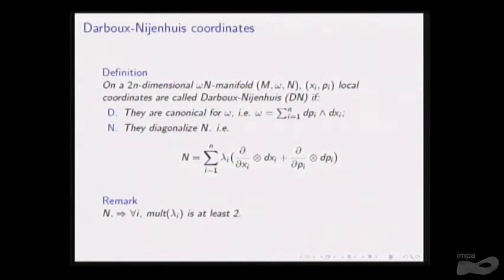Of course, you can have lambda_i equal to lambda_j for i not equal to j. It is reasonable to restrict ourselves to the less degenerate case, when the multiplicity of each eigenvalue is minimal, equal to 2.